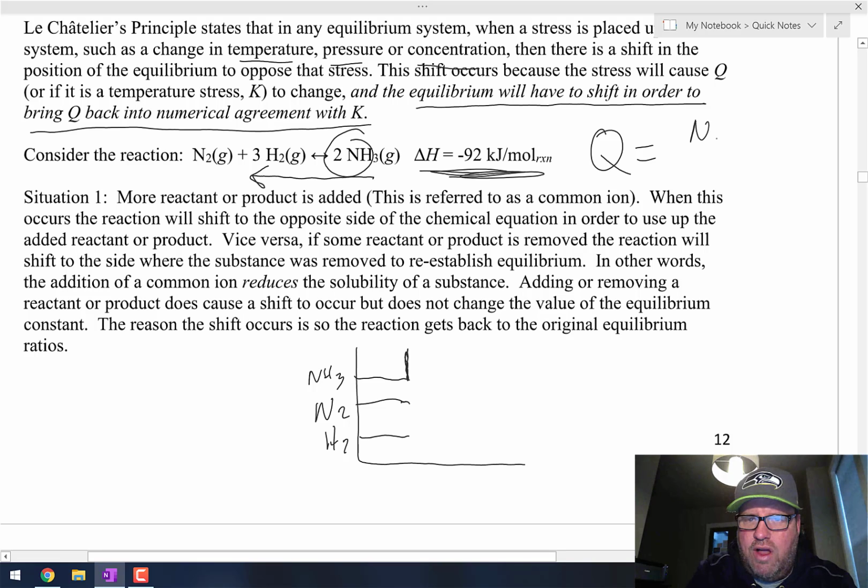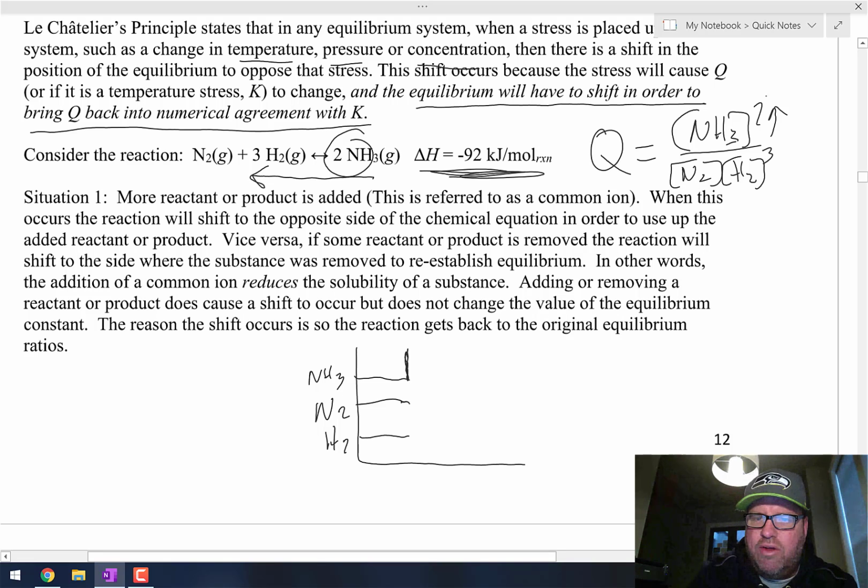So you've got the concentration of NH3 squared over the concentration of N2 times the concentration of H2 cubed. If all of a sudden this number goes up, our Q value is much, much greater than K. So Q is greater than K.